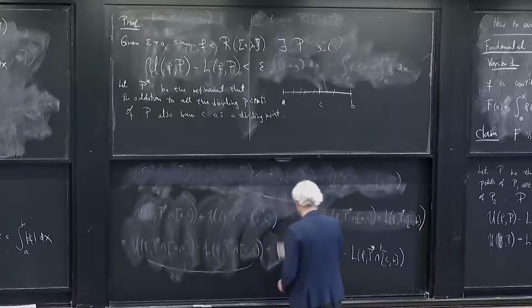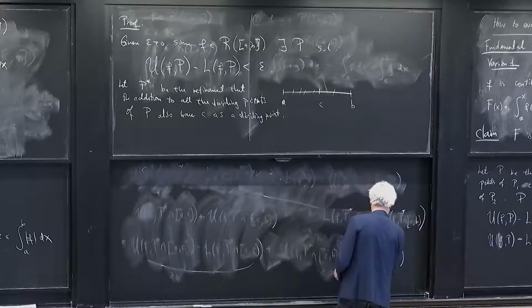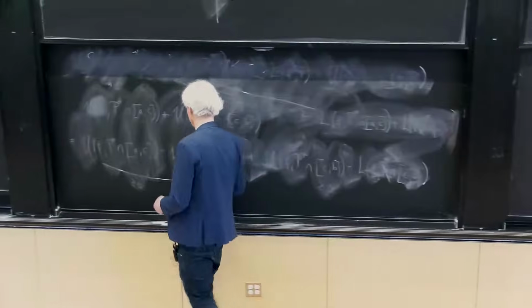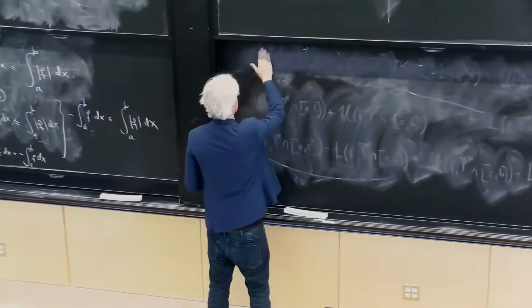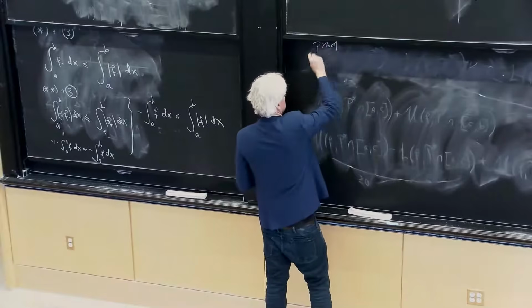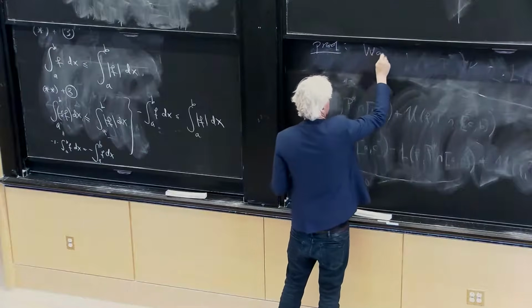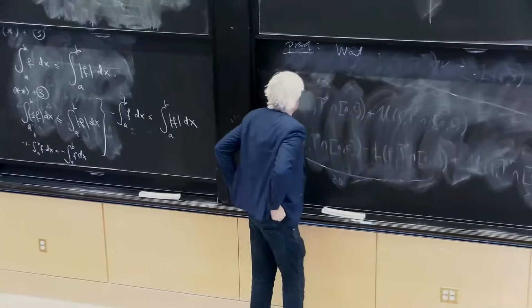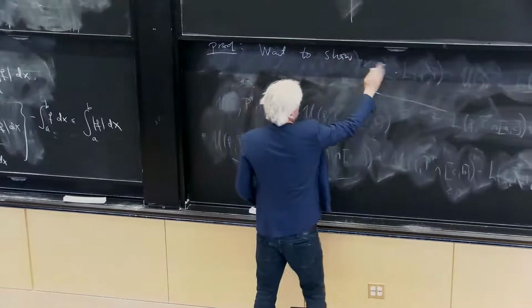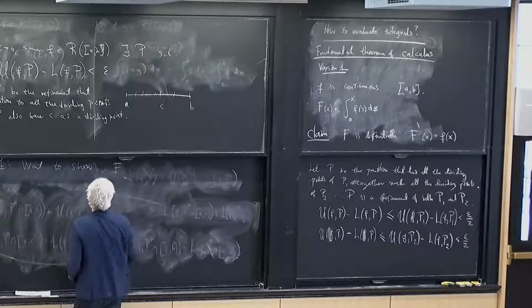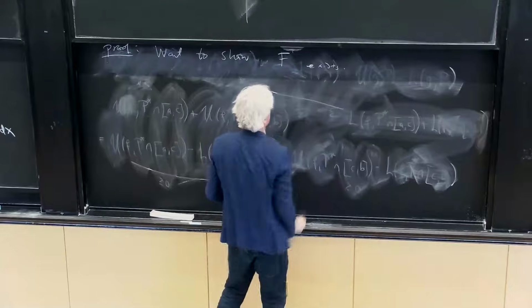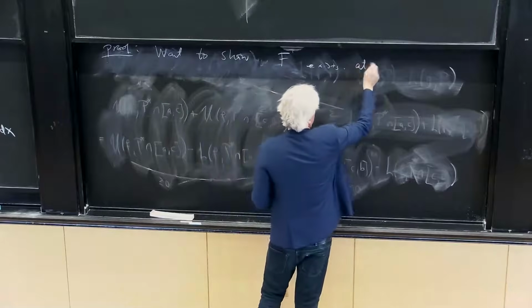So let's try to prove. So we want to show that F prime exists at x0.